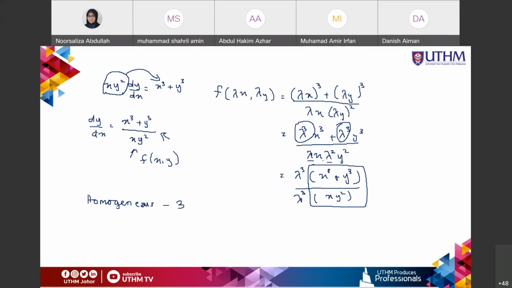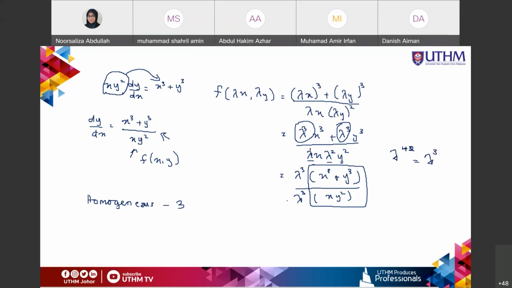When we multiply, sebab dia sama kan? Jadi 1 equals 1 kan? Lambda power of 1 plus lambda square. So this one is actually lambda 1 plus 3, 1 plus 2 equals to lambda 3. Okay. Faham.